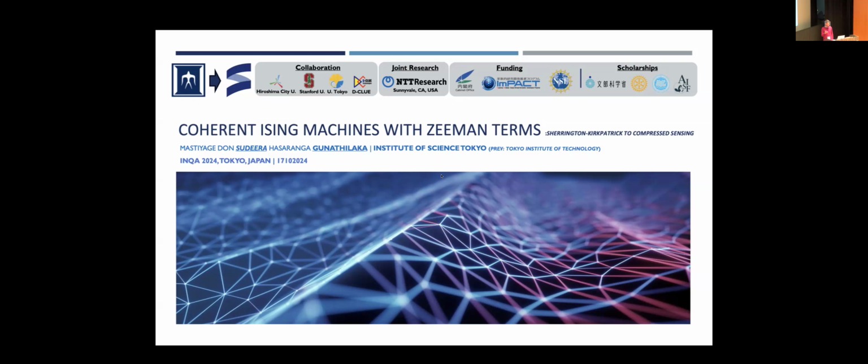That was one of the motivators. We first tried with the SK, Sherrington-Kirkpatrick Hamiltonians, and then went for more practical applications like compressed sensing.